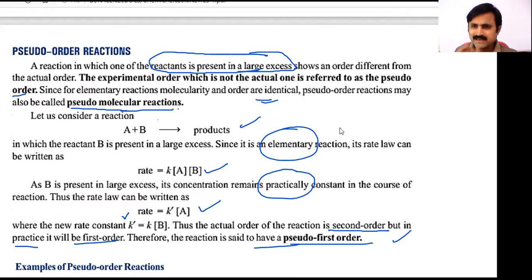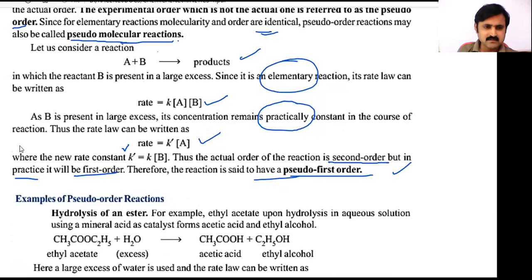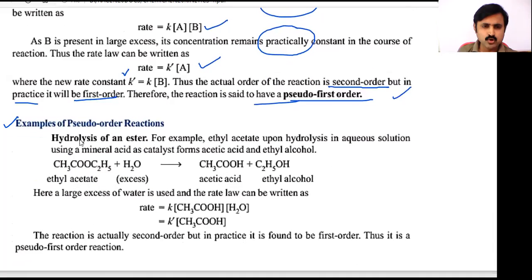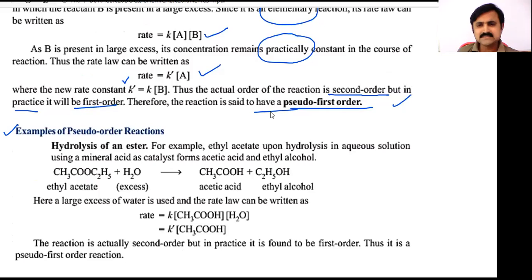When you take one reactant in large excess, its concentration will not affect the rate law. Now we will see an experimental example of pseudo order reactions: hydrolysis of ester. Ethyl acetate upon hydrolysis in aqueous solution using a mineral acid as catalyst forms acetic acid and ethyl alcohol.